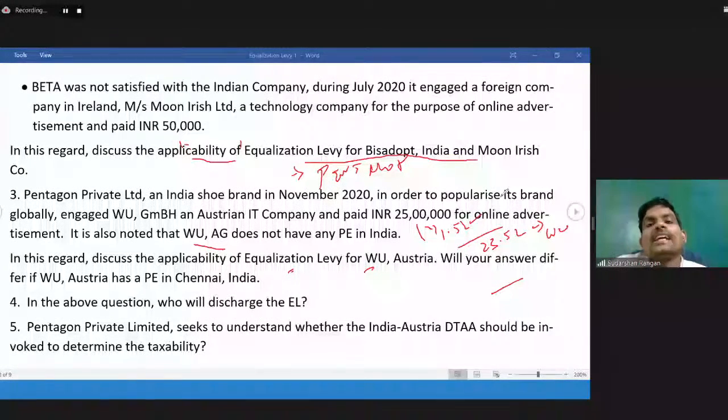So the collection mechanism, the discharge, the onus is given to the Indian company here. So please watch out. Equalization levy 1.0, that is for online advertisement. The onus to collect the amount and remit it is on the Indian service recipient, the payer. So the resident payer has to do the obligations because it is very difficult to get this money collected from the Austrian company.